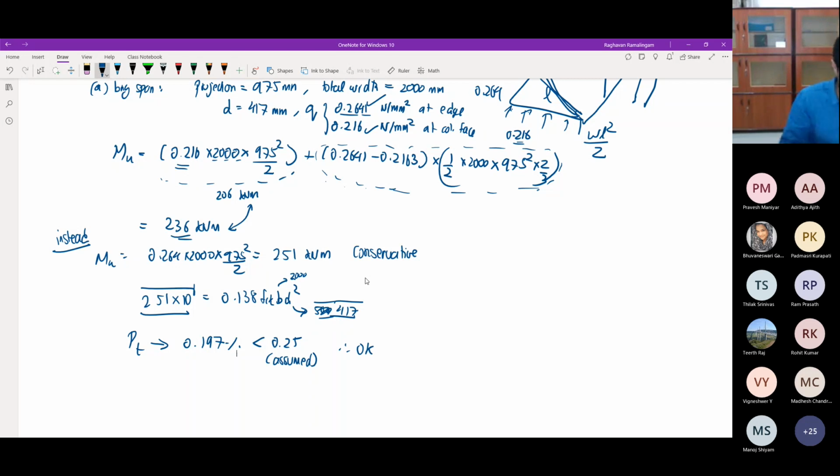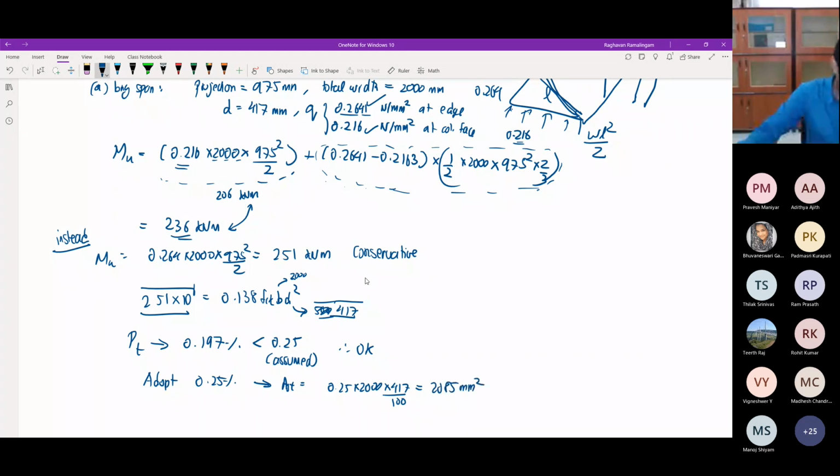Since this is lesser, let us adopt whatever was more, 0.25%. This leads to an AST of 0.25 times 2000 times 417 by 100, which is about 2085 mm square.